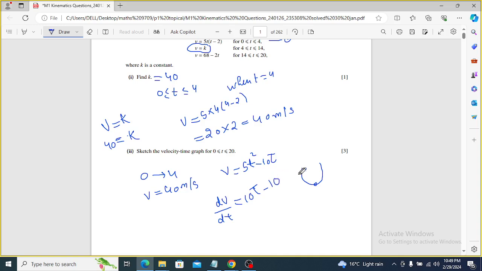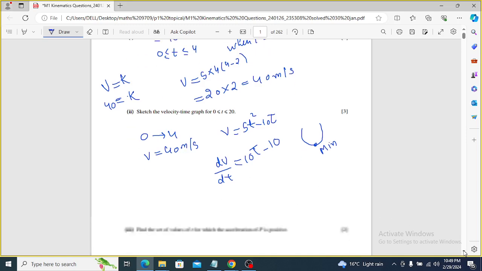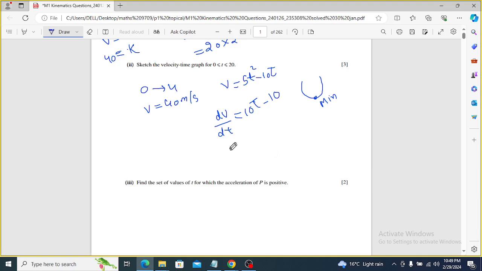But this parabola at this point, this is the minimum point. And at the minimum point, for the turning point, the derivative dv by dt is 0.